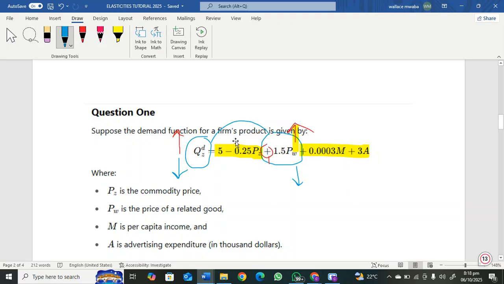So in this demand function, this is how you interpret it. Quantity demanded for this good is dependent on four things. This is the dependent variable, and these other four are the independent variables.